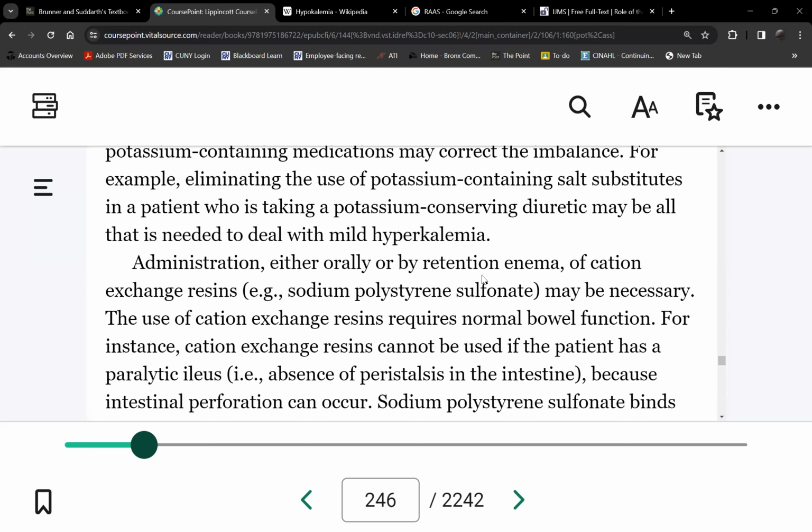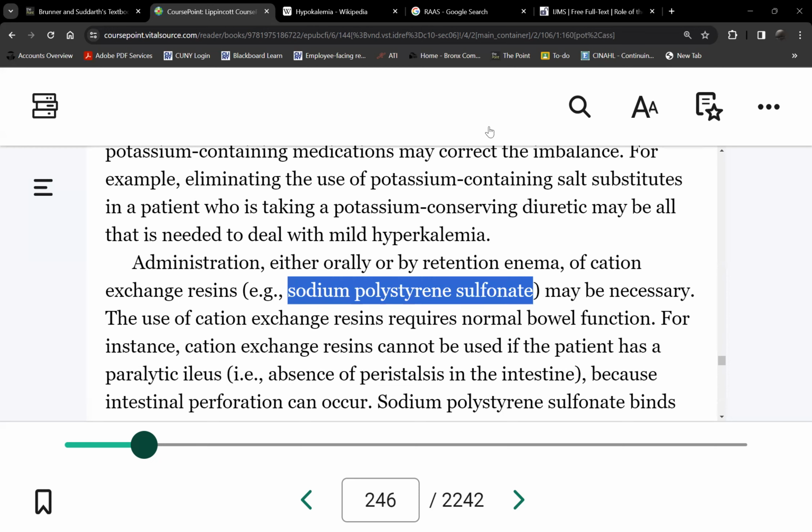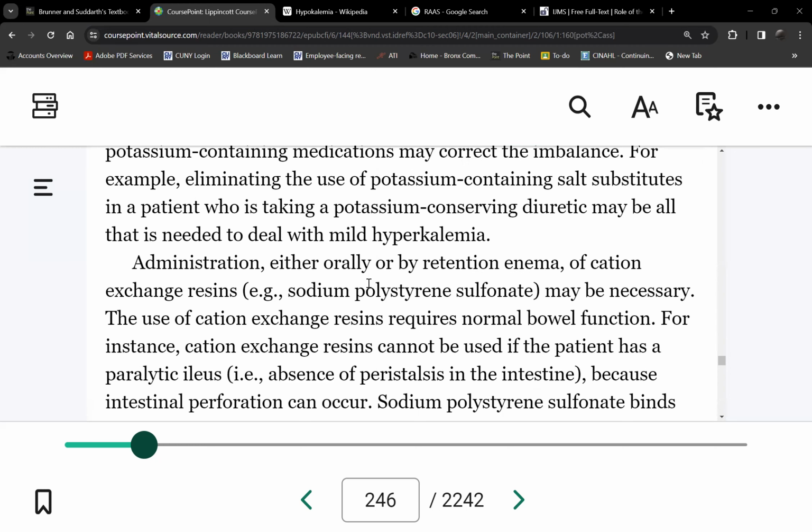The most common in most hospitals is Kayexalate, but that's the brand name. The generic is sodium polystyrene sulfonate, SPS. That is the fastest option for mild hyperkalemia.